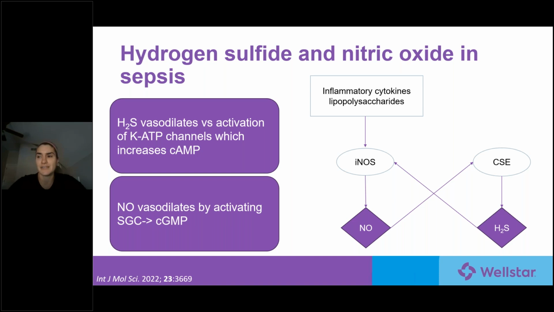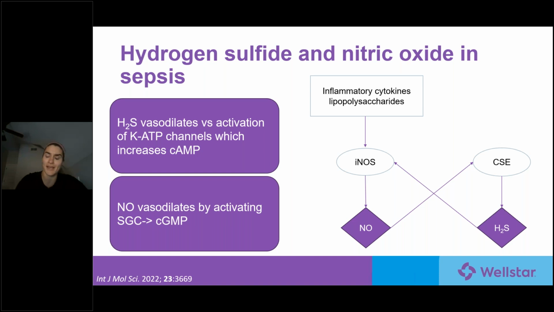What they found is not only are they increased with this, but increased levels of nitric oxide and hydrogen sulfide actually correlate with the severity of your shock. So a smarter individual than I created a drug that blocks all nitric oxide. It's a global inhibitor of nitric oxide.